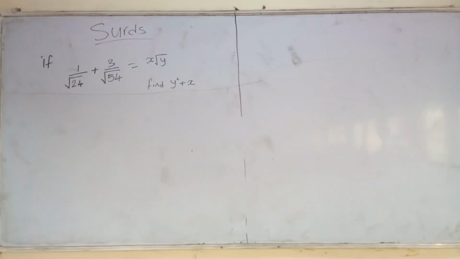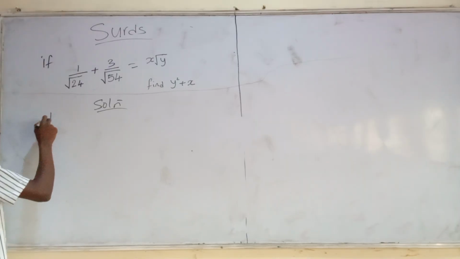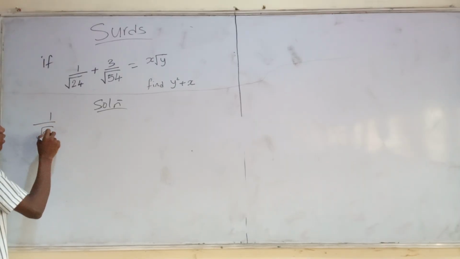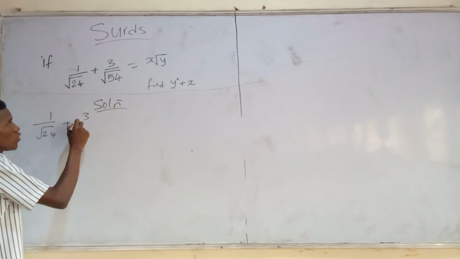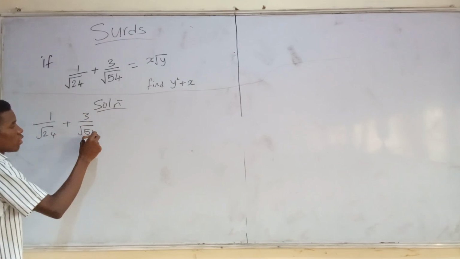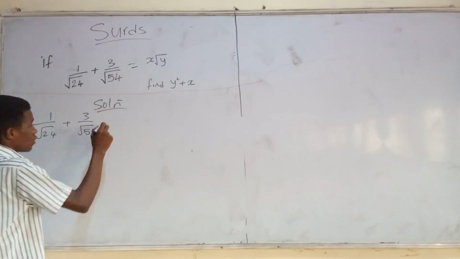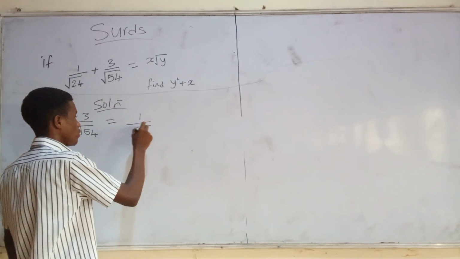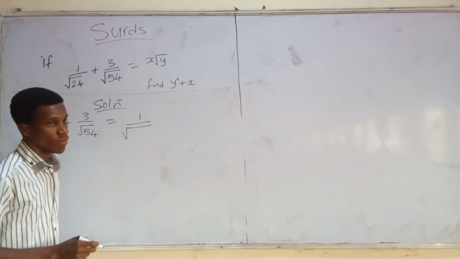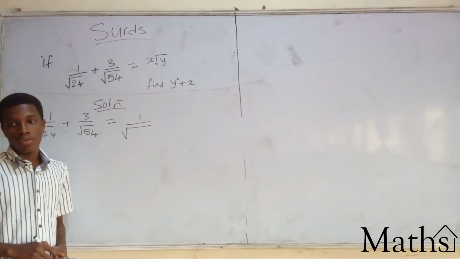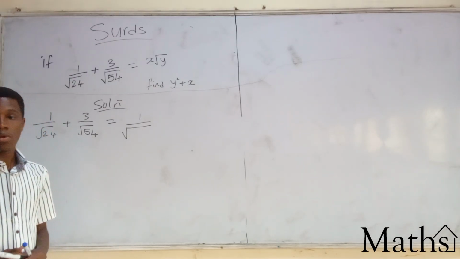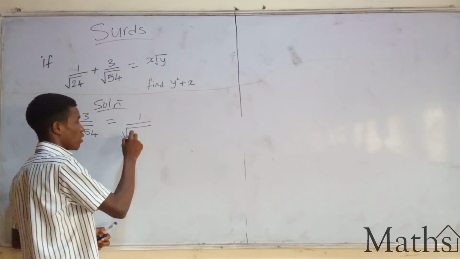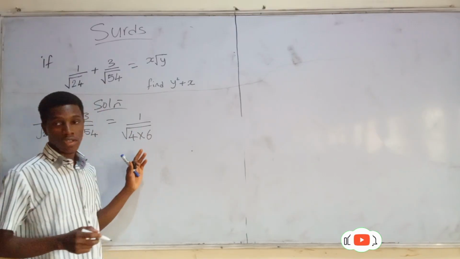Then this, okay, evaluate this. We have 1 over root 24 plus 3 over root 54. So what do you have here? What of 6 times 4? 6 times 4 is what?